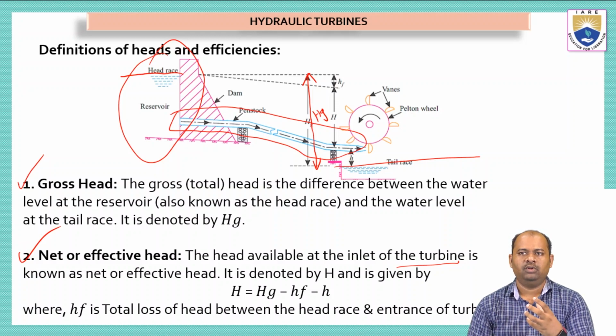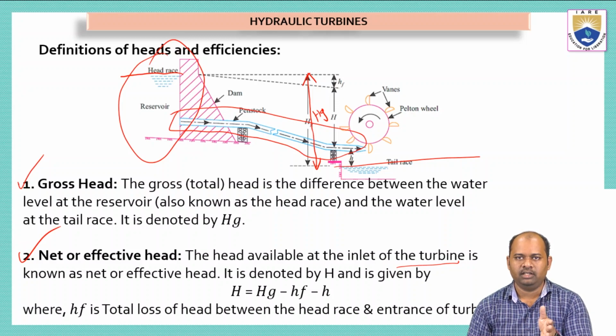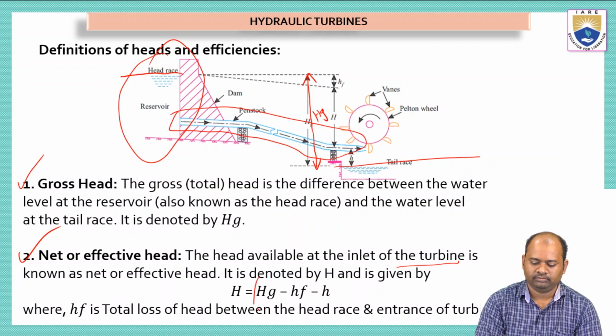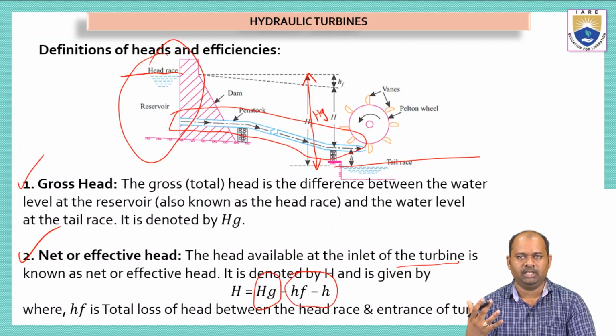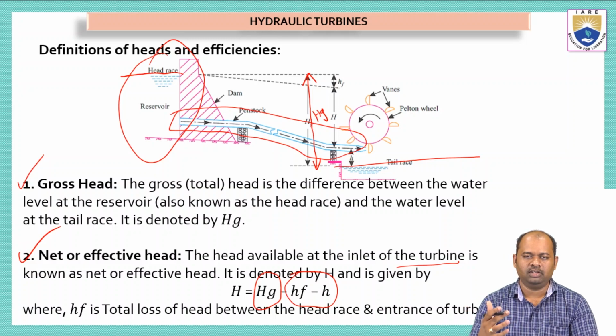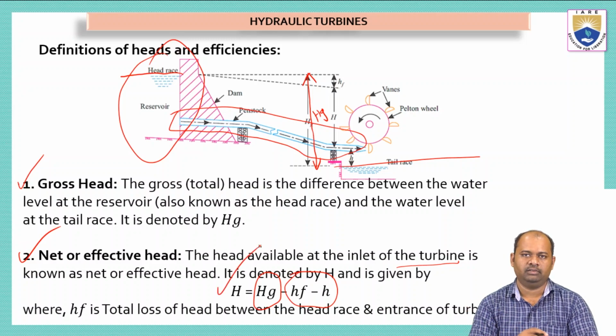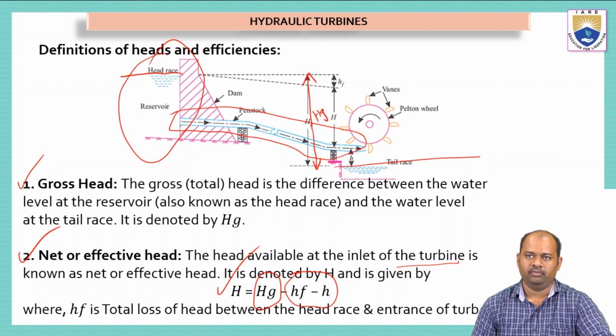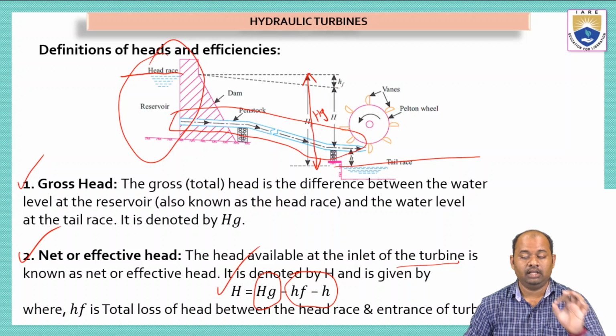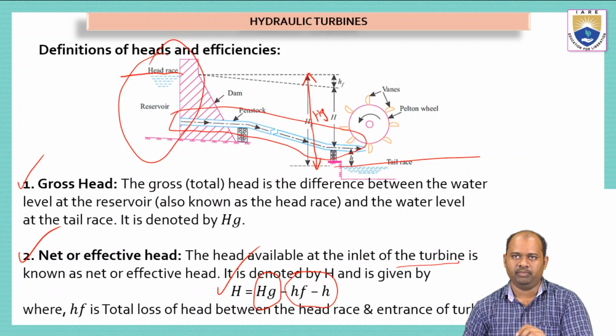So we have to subtract this loss in head from the gross head, so that we get the effective head. H is the net effective head, which is calculated. So it is the head available at the inlet of the turbine.